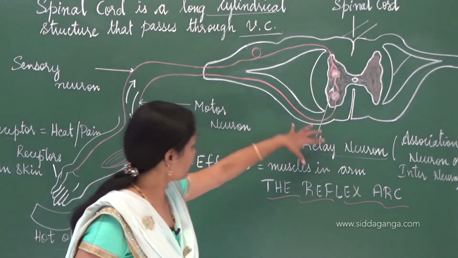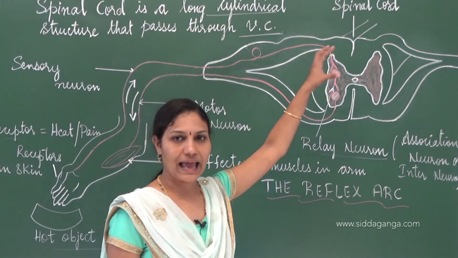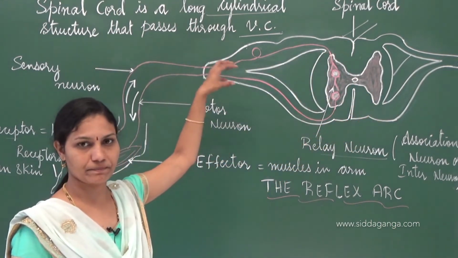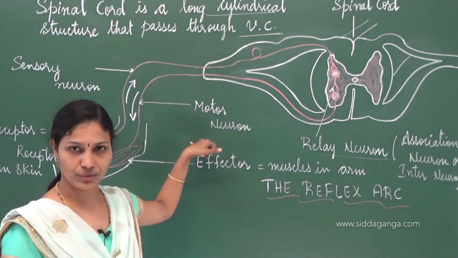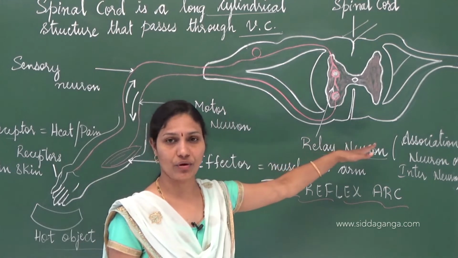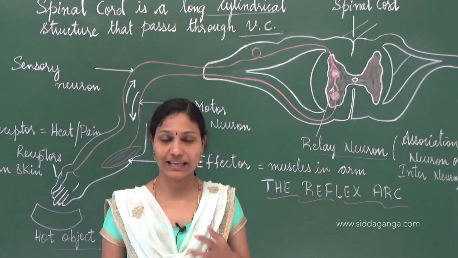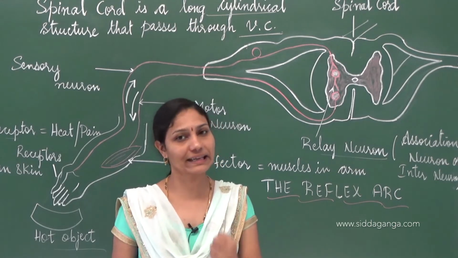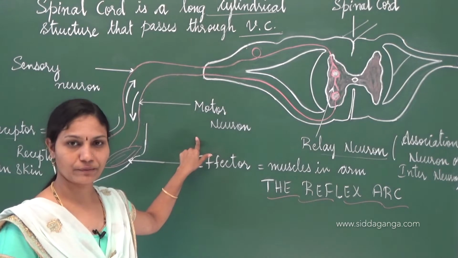So this relay neuron receives impulses from the sensory neuron and it transmits these impulses to motor neuron. From relay neuron, these nerve impulses carrying the information about the heat, the pain are carried to the motor neuron.